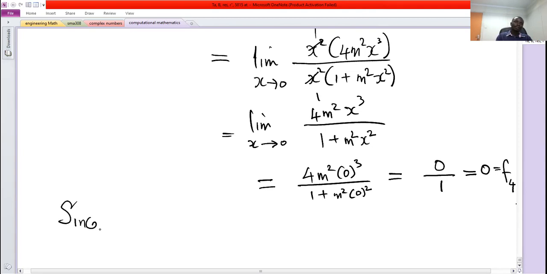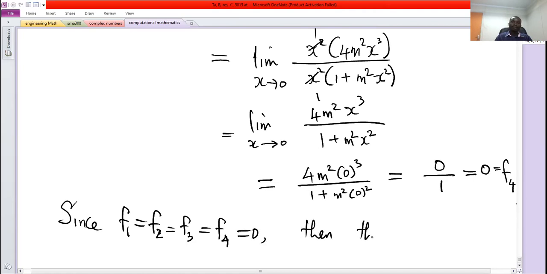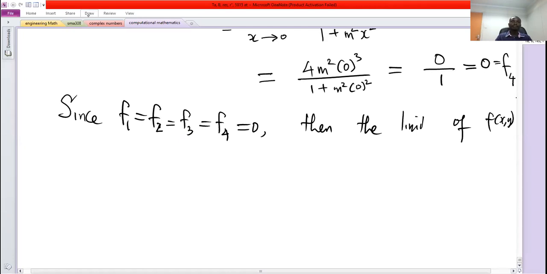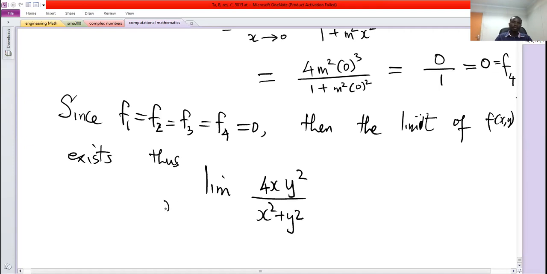So we conclude that since f1 equals f2 equals f3 equals f4 equals 0, then the limit of f(x, y) exists, and thus the limit of 4xy squared over x squared plus y squared as (x, y) approaches the origin is equal to 0. So that is how we solve that.